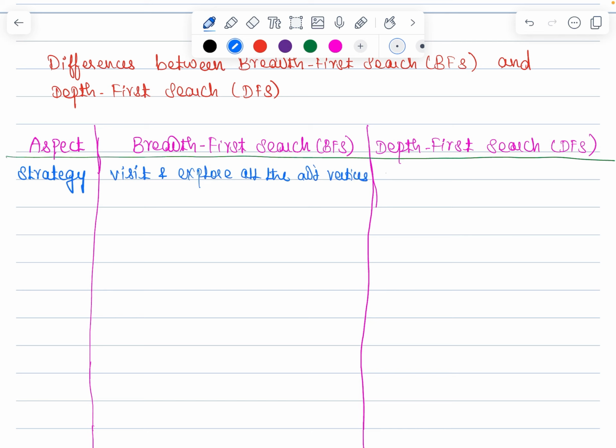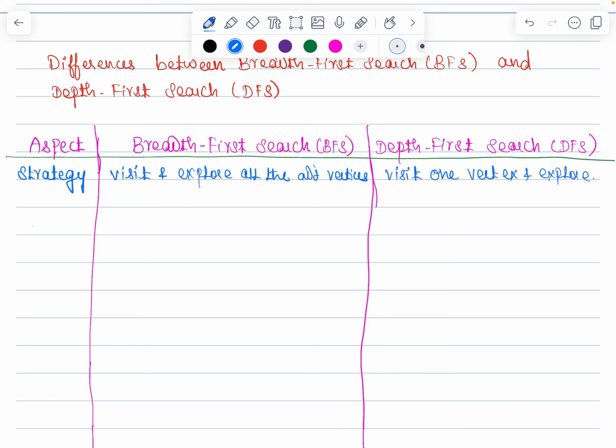In DFS, the strategy is it would visit one vertex and explore. So, BFS explores all the neighbor nodes, all the adjacent nodes at the current level before moving to the next depth level. When it comes to DFS, it explores as far as possible along each branch before backtracking.